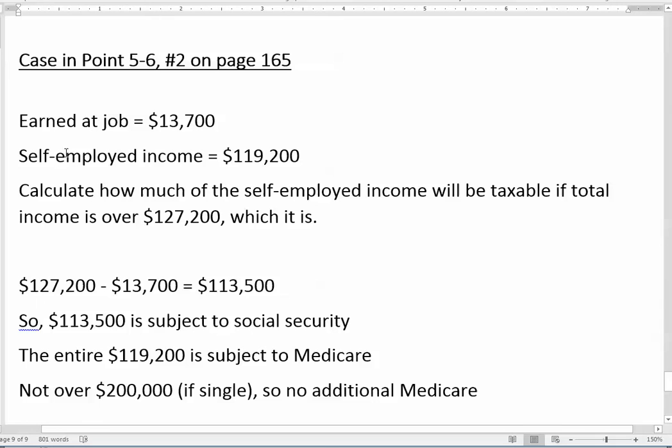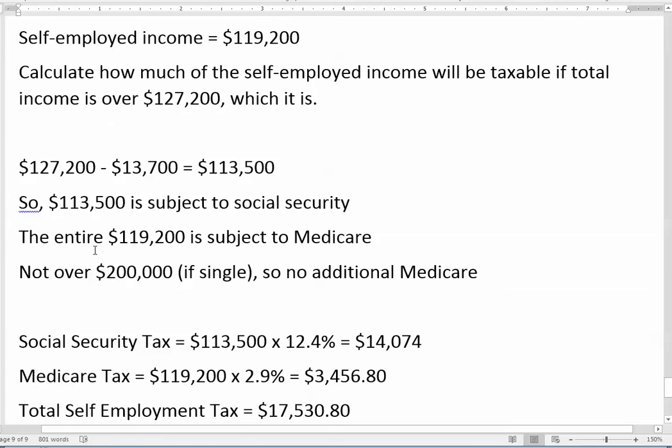So of the self-employed income of $119,200, she needs to pay Social Security and Medicare for the employee and employer on $113,500. For Medicare, the full amount is taxable because there is no ceiling. Since she's not over $200,000, no additional Medicare.